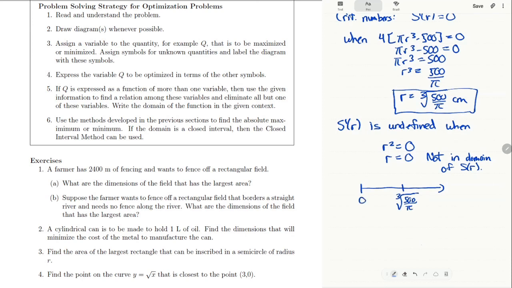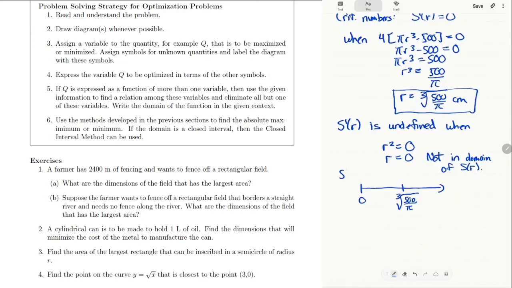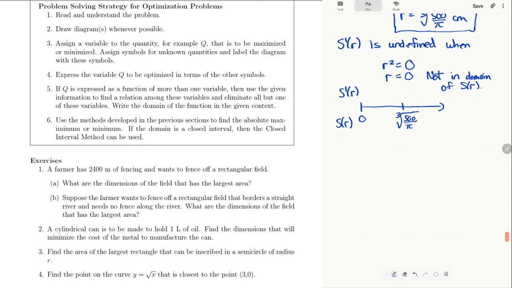Our domain is from 0 to infinity. Let's test a number between 0 and the cube root of 500 over pi. For example, we can choose the cube root of 400 over pi.